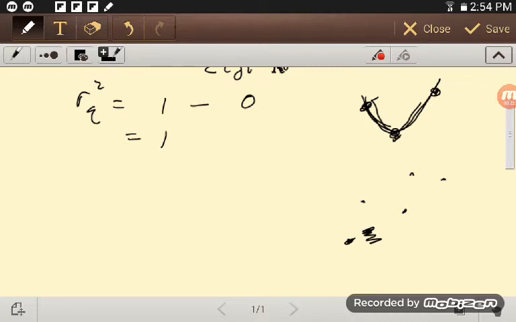But what I know is I could find a 4th degree polynomial, and it might not look quite that nice, but I can find a 4th degree polynomial that will go through every one of those points. And in that case, for those 5 points, I will get an R squared of 1. It'll be perfect.